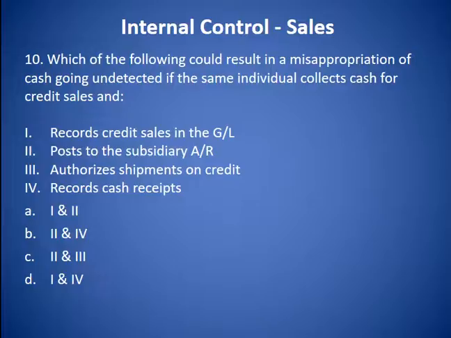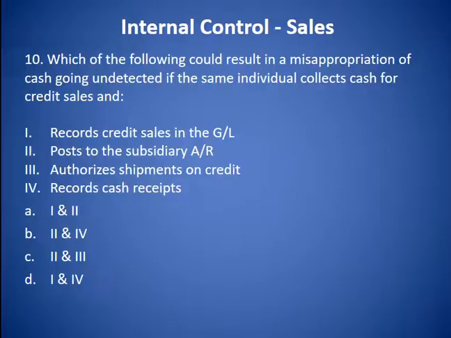If the individual collects cash for credit sales and 1, records credit sales in the general ledger, 2, posts those sales to the subsidiary accounts receivable ledger, subledger, authorizes shipments on credit, and lastly records cash receipts.